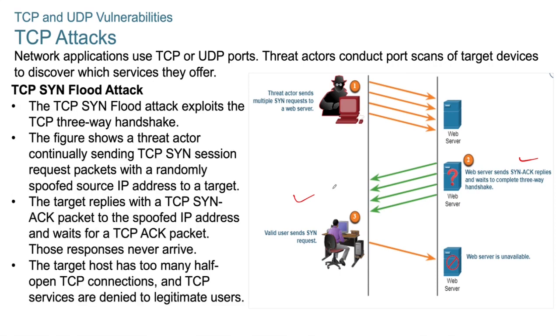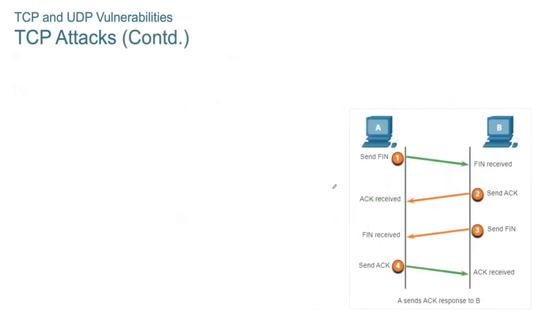Another kind of TCP attack, as we just discussed, is the TCP reset attack. One is the TCP flooding attack, and another is the TCP reset attack. A TCP reset attack can be used to terminate the TCP communication between two hosts.